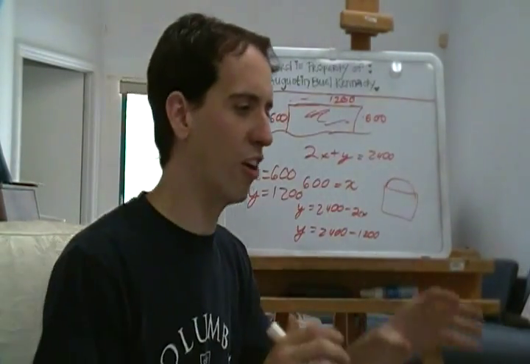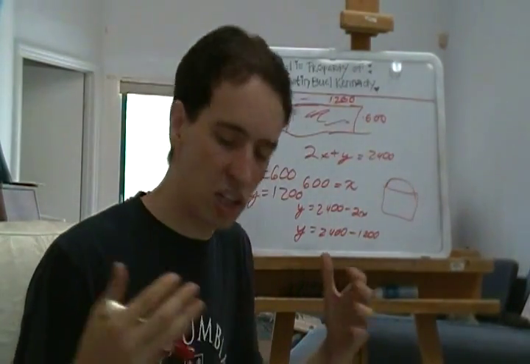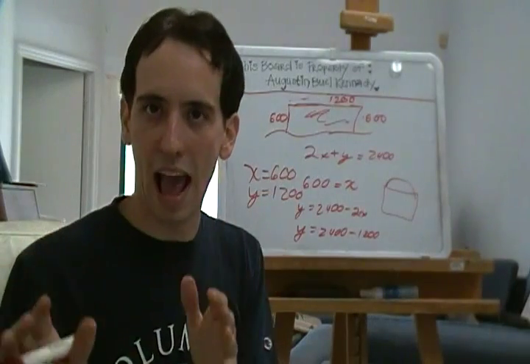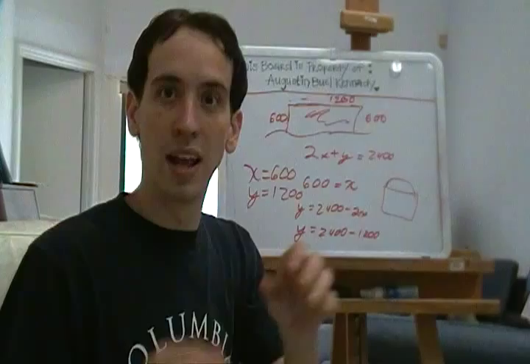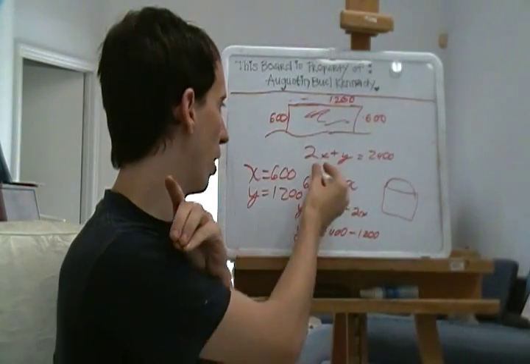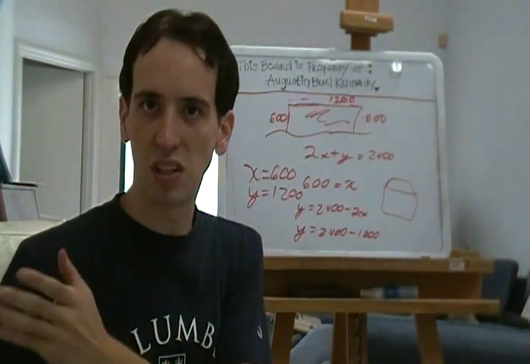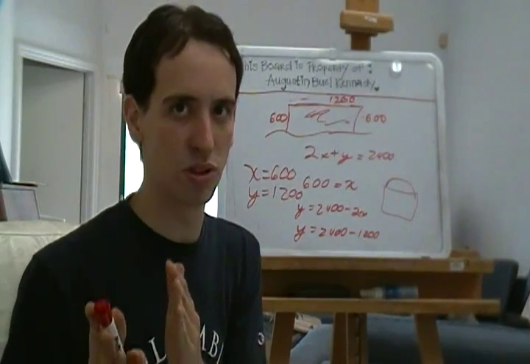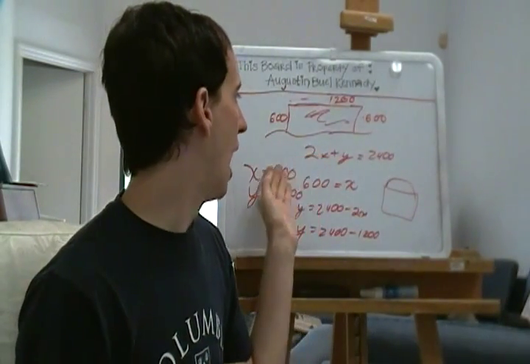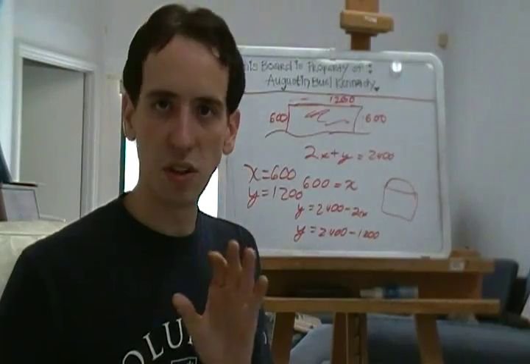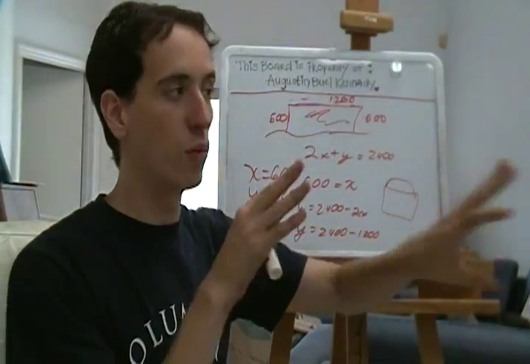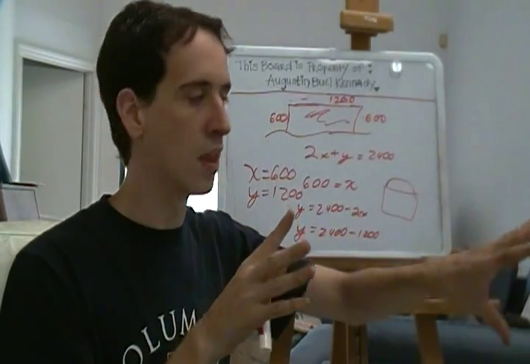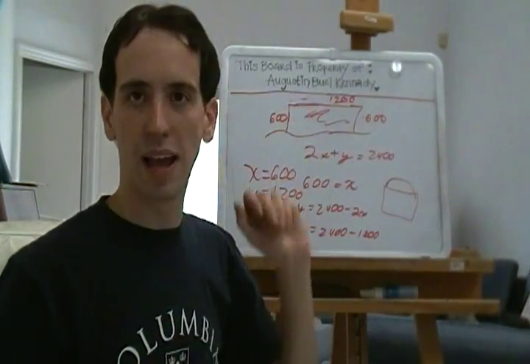Do you have perimeter? Do you have area? Do you have volume? Write down what you have, write down what you need to know. Relate the two to each other, get down to one variable, the way we did here, by putting y explicitly in terms of x. You will be able to with these questions. And then once you've done that, take the derivative, set it equal to 0 to find whether it's a maximum or a minimum, and then plug everything back in.